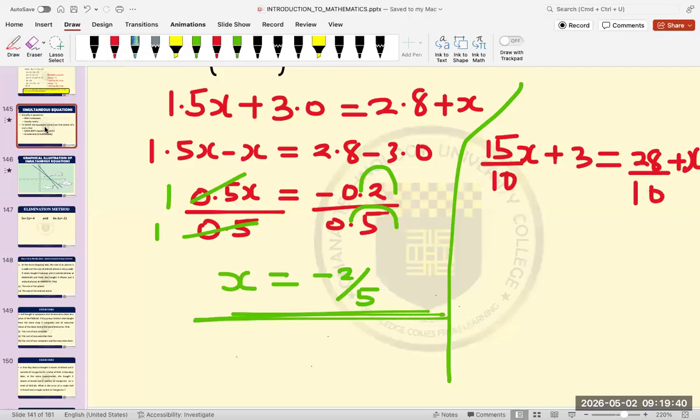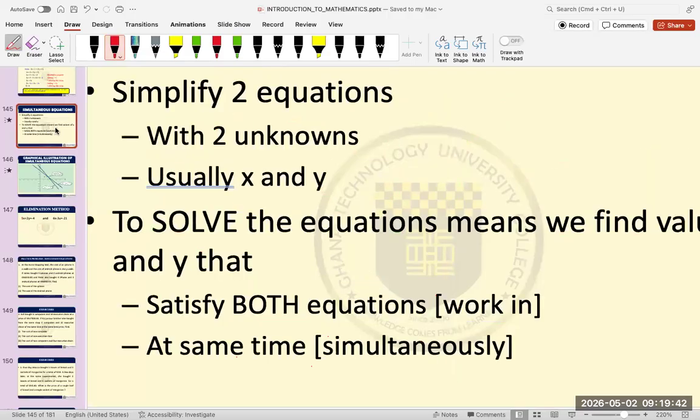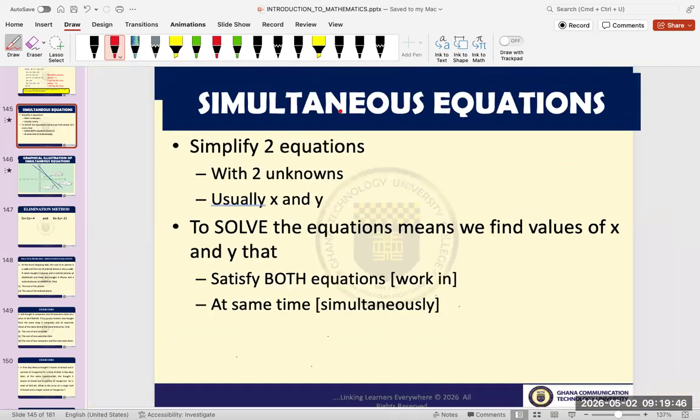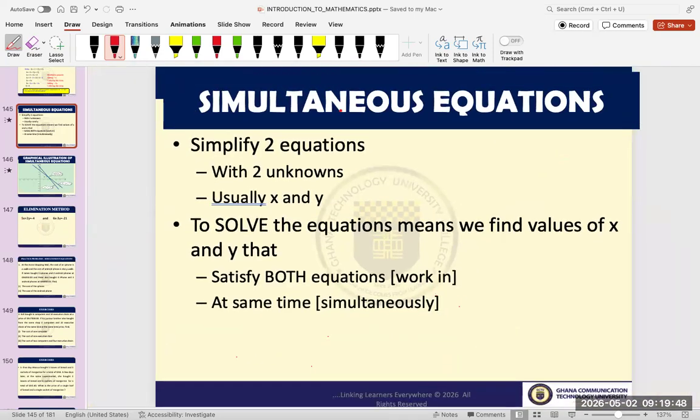And the final topic we are doing today is called simultaneous equations. I'm sure most of you have come across it time and time again from the lower levels. Simultaneous equations simply means that you are finding unknown values by doing two things at the same time. What are the two things?